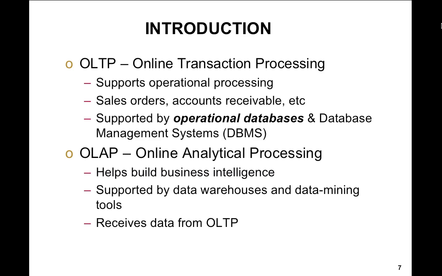OLAP itself, in terms of online analytical processing, helps to build business intelligence, as I mentioned with those airline seats and the pricing. It supports data warehouse and data mining tools, receiving data from online transaction processing systems. So the two concepts actually work together. The transaction gets processed.